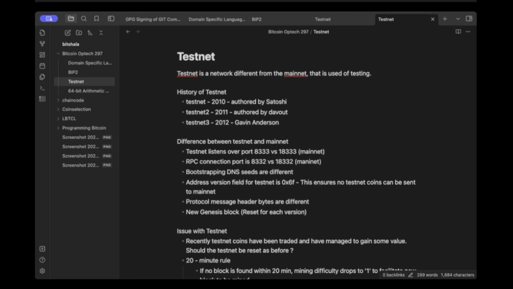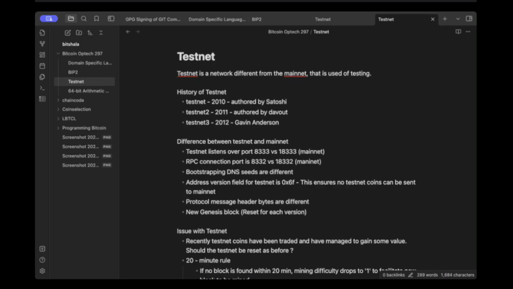Testnet was first spawned by Satoshi in 2010. Then another version, Testnet 2, was spawned in 2011. And then finally, whatever we are using right now is Testnet 3, and it was spawned in 2012. So whatever testnet we are using now has been up and running for like 12 years.